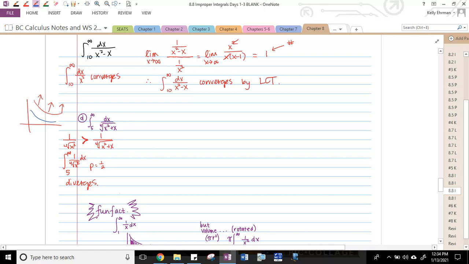So I'll go over to limit comparison test and say, all right, the limit as x approaches infinity of my unknown over my known. So 1 over 4th root of x squared plus x divided by 1 over 4th root of x squared. Clean that up.